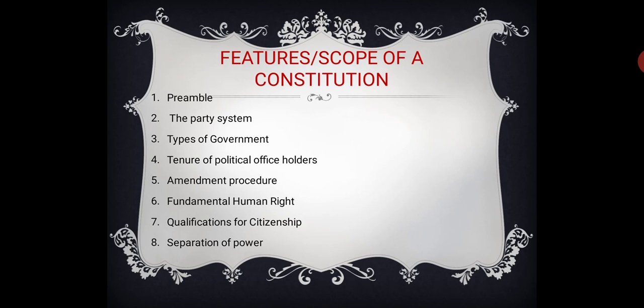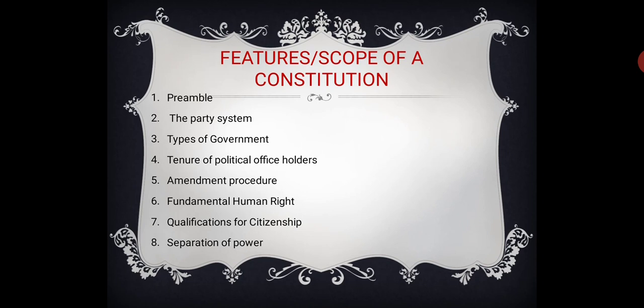Now we have the next number 4, tenure of political office holders. A constitution must state the tenure of office of a government. Should local government functionaries be in office for 2 years or 3 years?